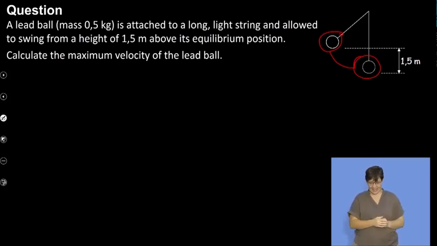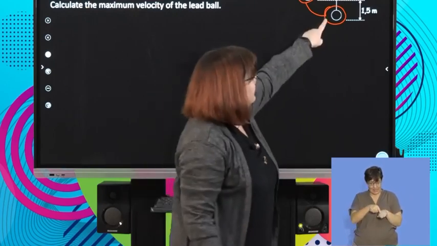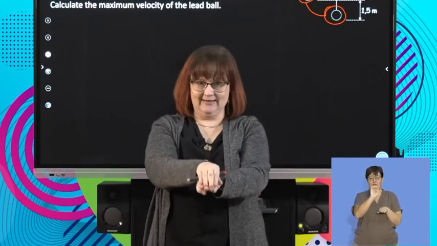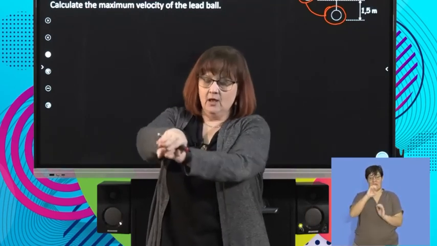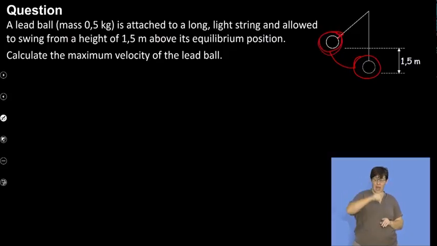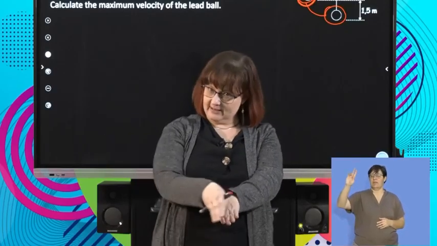When it gets, remember, it's going to come down. When it gets here, at the bottom, it has 0 potential energy, maximum kinetic. Then it goes up, and over here, this point, it actually has to stop before it can come back down.